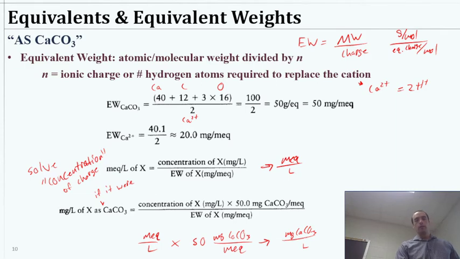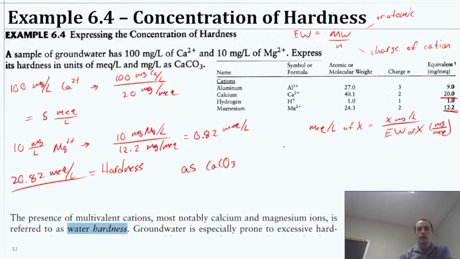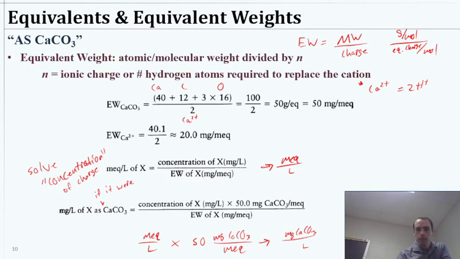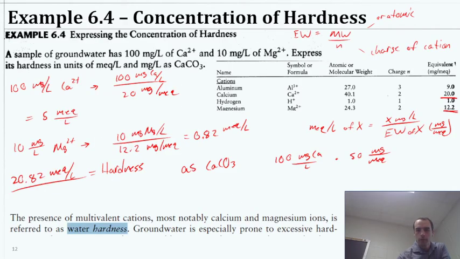So we can take, for example, the 100 milligrams Ca per liter, multiply that by the 50 milligrams CaCO3 per milliequivalent, and divide that by the equivalent weight of X, which is 20 milligrams per milliequivalent.